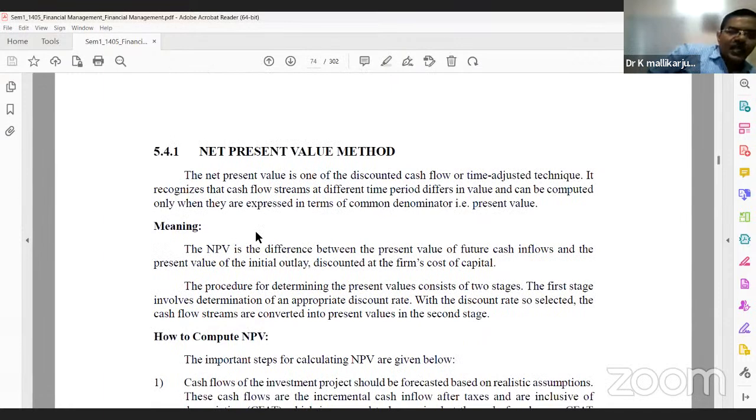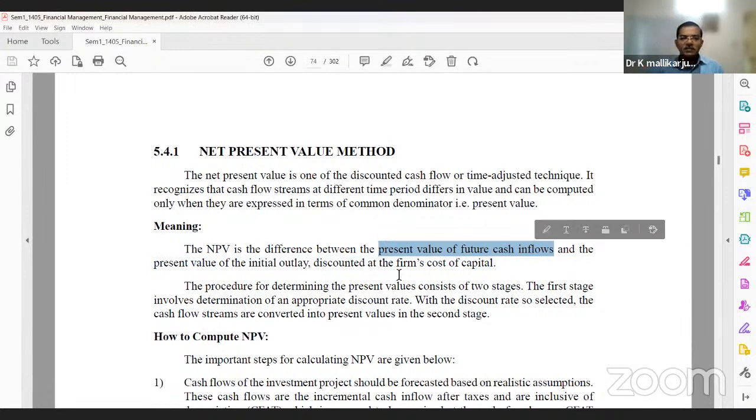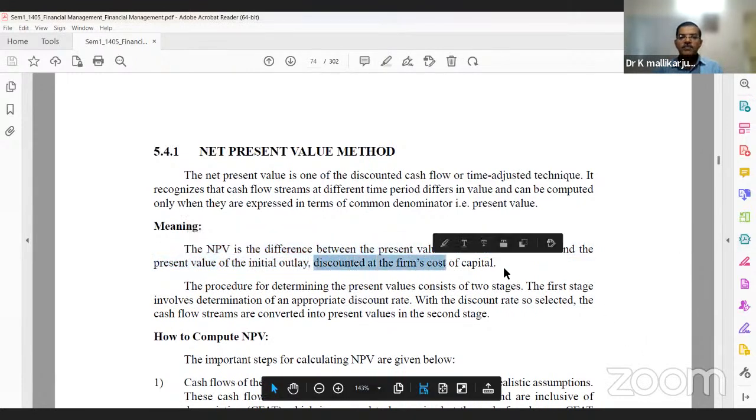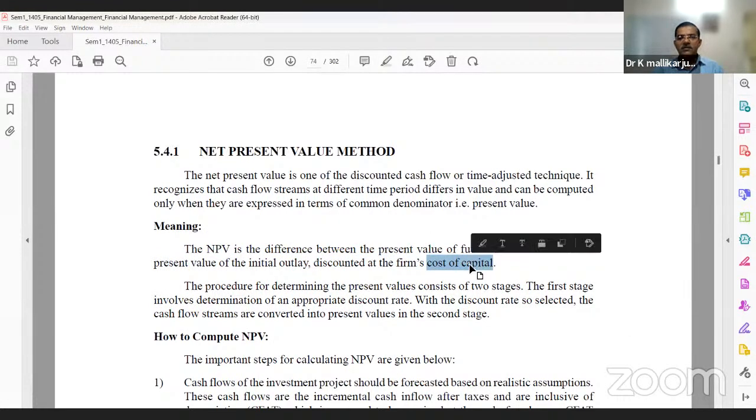So what is the NPV? NPV is the difference between the present value of future cash inflows and the present value of the initial outlay. These cash flows are discounted at the firm's cost of capital. Capital is not available free of cost; there is a cost.